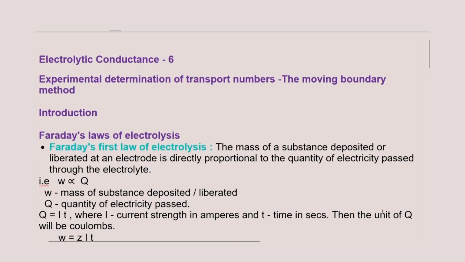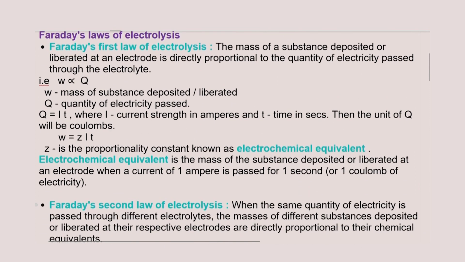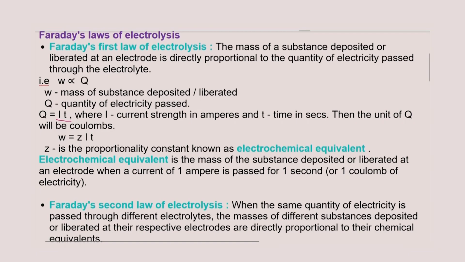First one is Faraday's first law of electrolysis. Here, the mass of a substance deposited or liberated at any electrode is directly proportional to the quantity of electricity passing through the electrolyte. And what is quantity of electricity? It is strength of electricity multiplied by time.